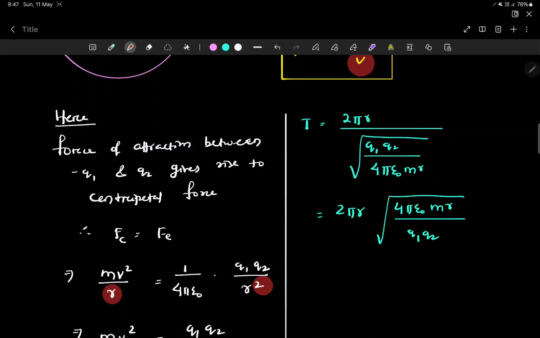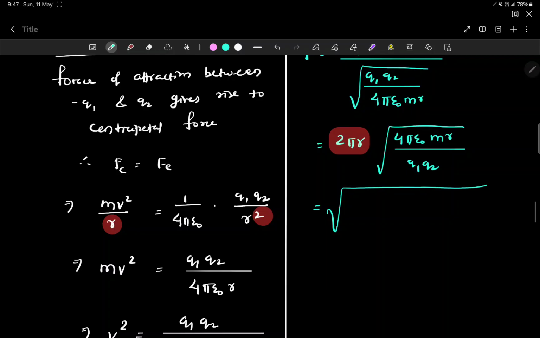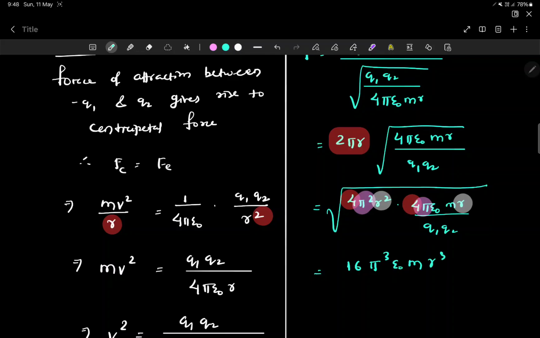Taking 2 pi r inside the square root, it becomes 4 pi squared r squared times 4 pi epsilon naught m r divided by q1 into q2. Solving, 4 into 4 is 16, pi squared times pi is pi cubed, and r squared times r is r cubed, so we get the whole root of 16 pi cubed epsilon naught m r cubed divided by q1 into q2. This is the value of the time period.